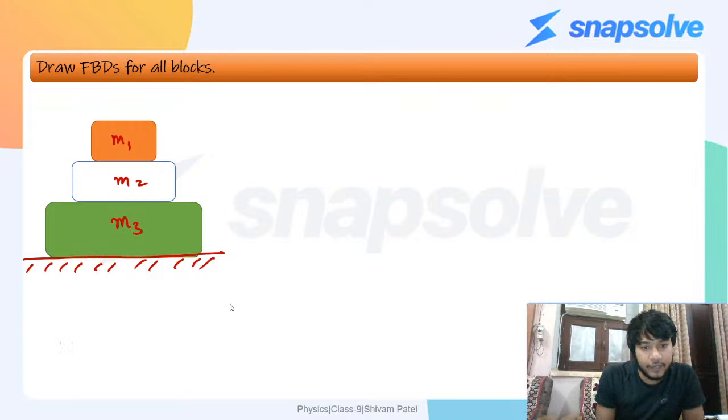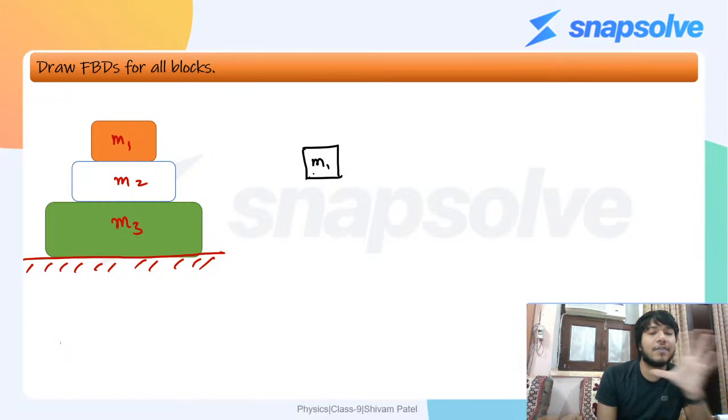I'm starting with M1. In order to draw the free body diagram of M1, you will draw M1 like this, right? Now, what are the forces acting on this? See, weight will act vertically downward.